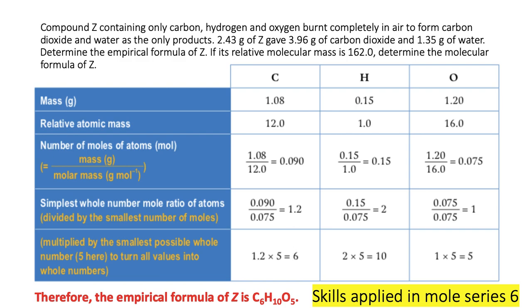You can check on your calculator that 1.2, and then you can convert it to a fraction. Eventually you find the empirical formula of Z is C6H10O5. This also applies the skills in Mole Series 6 about calculations involving empirical formula.